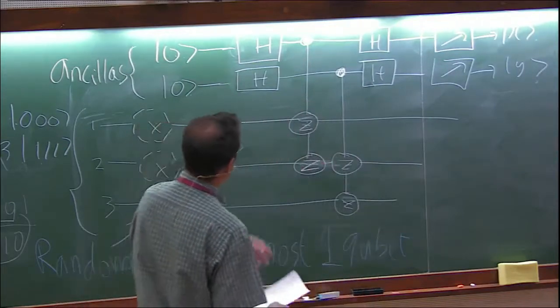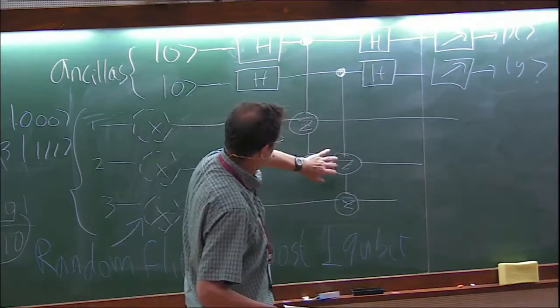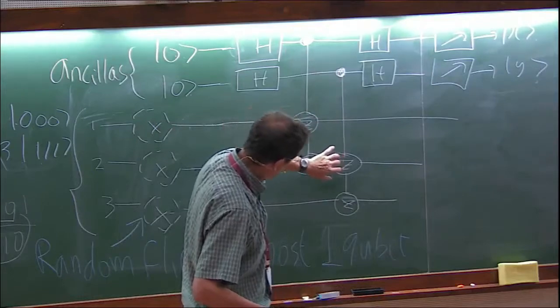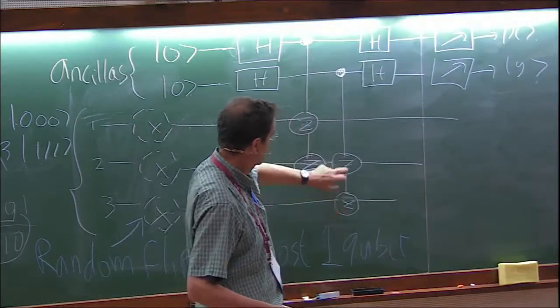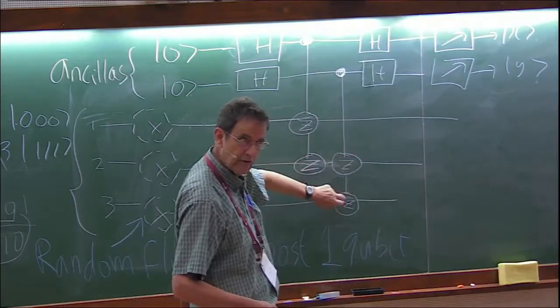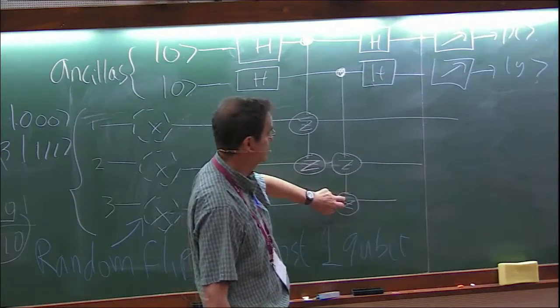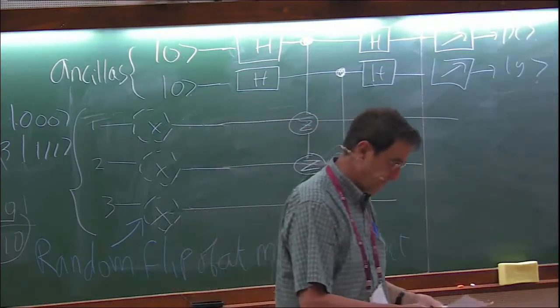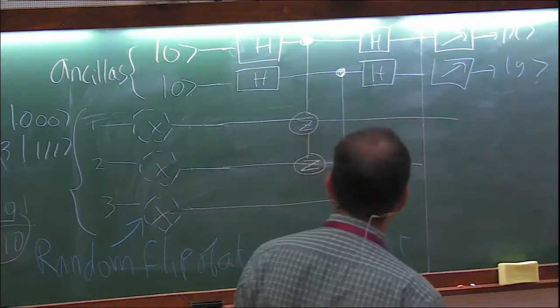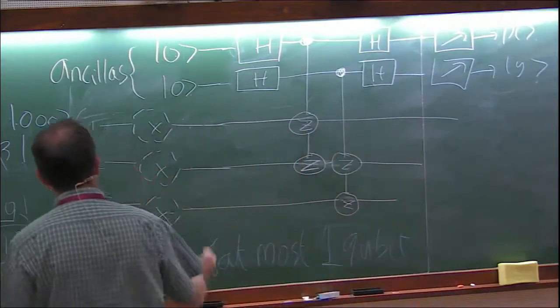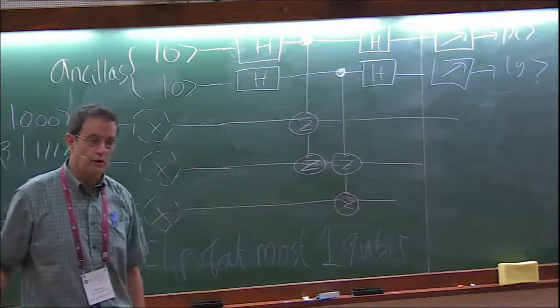So this second control Z gate, where there are 2 target qubits, corresponds to Z2Z3. So this is the second stabilizer.